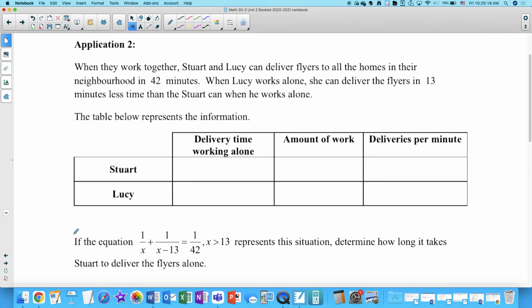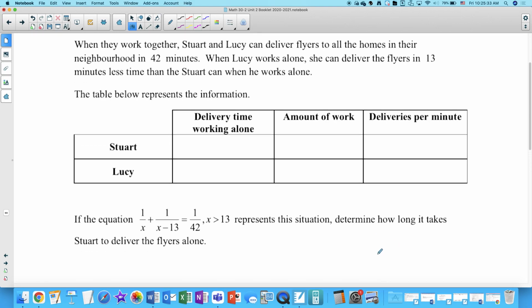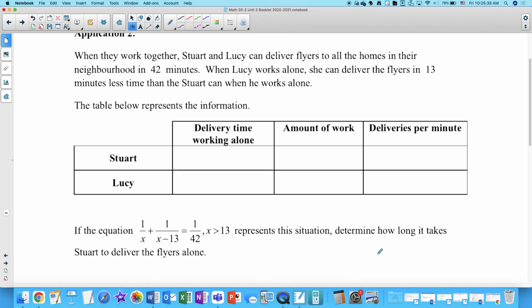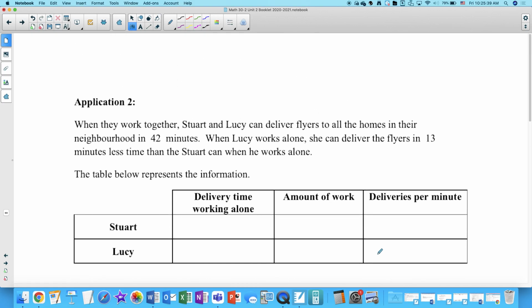And we are told if the equation 1 over x plus 1 over x minus 13 equals 1 over 42, where x is greater than 13, represents the situation, determine how long it takes for Stuart to deliver the flyers alone.